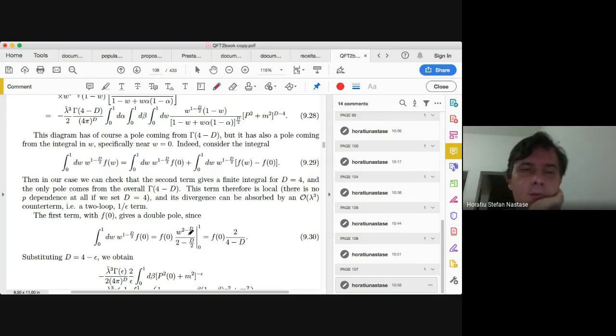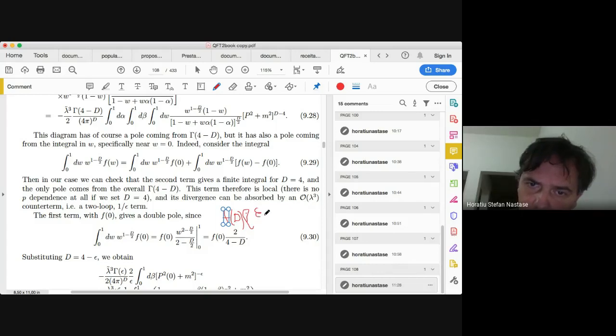I guess there's an issue of order of limits. The term with f of 0 times this dependence at w equal to 0 gives f of 0 times e to the epsilon log w when this goes to 0.